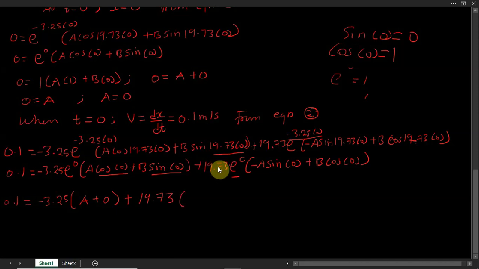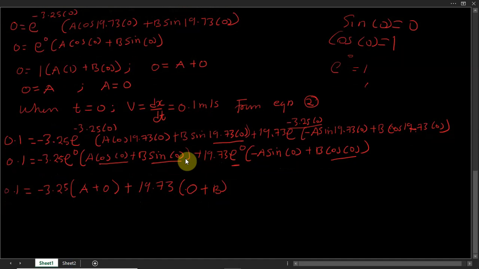Then in the brackets, sine 0 we know to be 0, and 0 times negative A will also give us 0. Then plus cos 0, which is 1, and 1 times B is actually B. So this we can further move on to get 0.1 giving us, since this is 0, A times negative 3.25, which will give us negative 3.25.